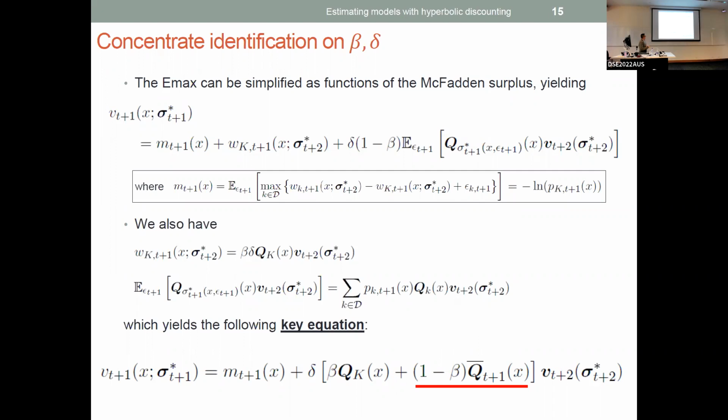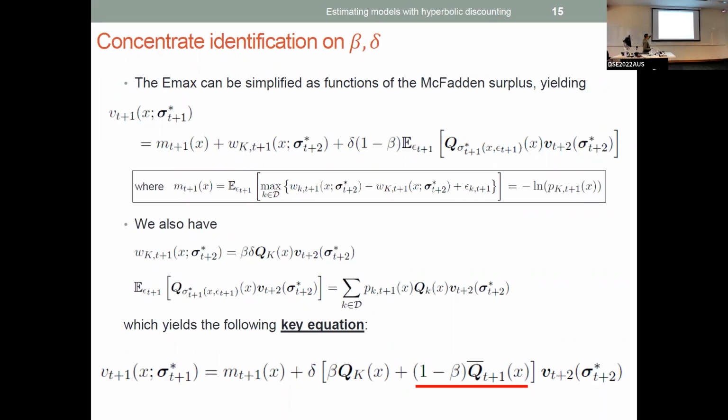We also have W big K equal to beta times delta times Q times V t plus 2. We get this because the utility of the reference choice is 0. And this expected value can be written as a weighted sum where the weights are the CCPs.